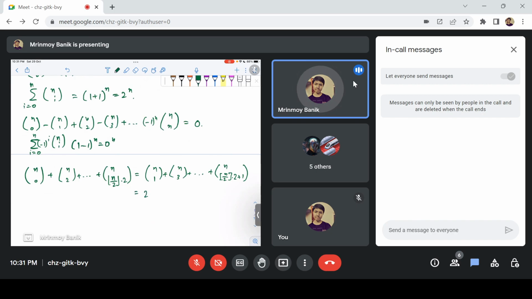Both of them are actually equal to 2 power n minus 1. So why is this true?